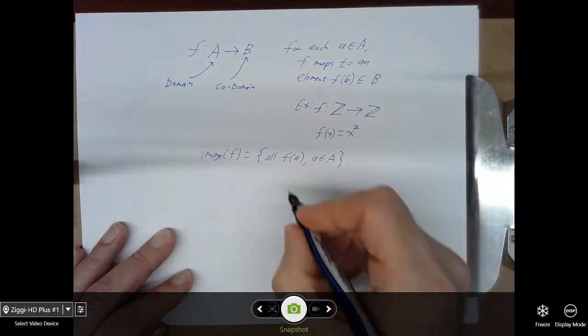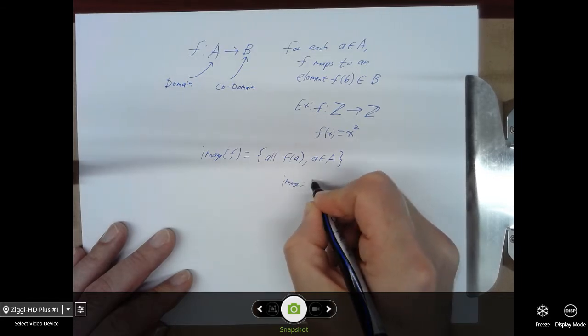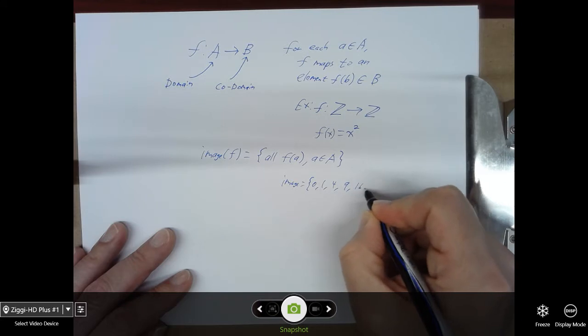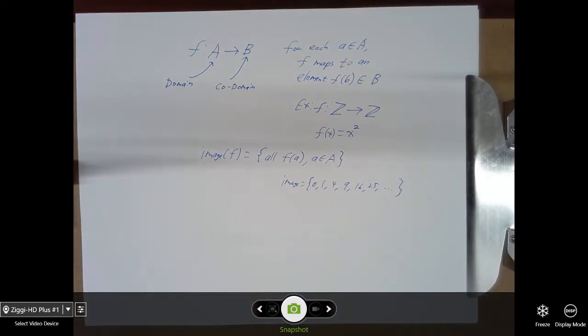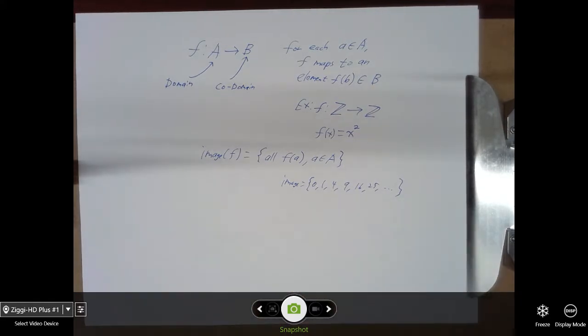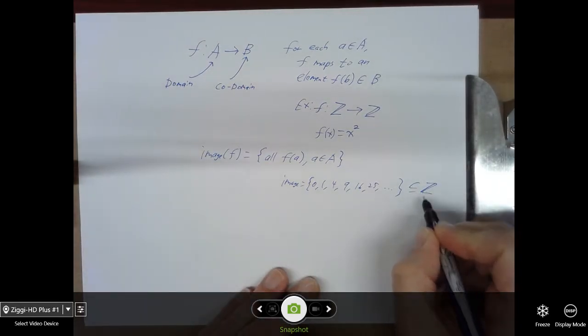So in this case, the image would be the elements 0, 1, 4, 9, 16, 25, and so on. 0 maps to 0, 1 maps to 1, 2 maps to 4, -1 maps to 1, -2 maps to 4. These are the only values that are actually mapped to, and that's a subset of the codomain.